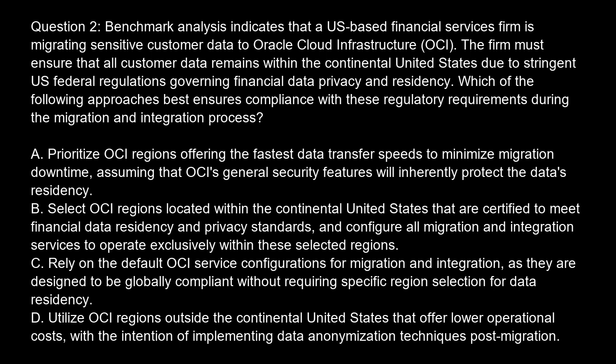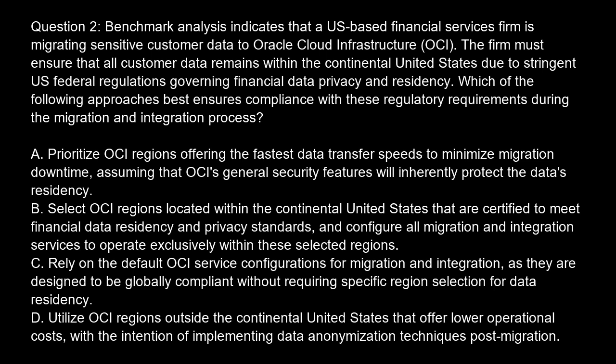Option A. Prioritize OCI regions offering the fastest data transfer speeds to minimize migration downtime, assuming that OCI's general security features will inherently protect the data's residency. Option B. Select OCI regions located within the continental United States that are certified to meet financial data residency and privacy standards, and configure all migration and integration services to operate exclusively within these selected regions.